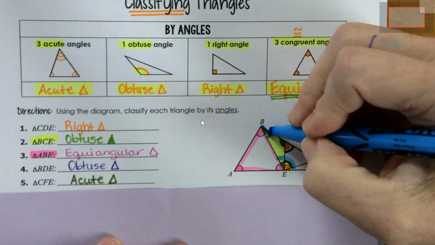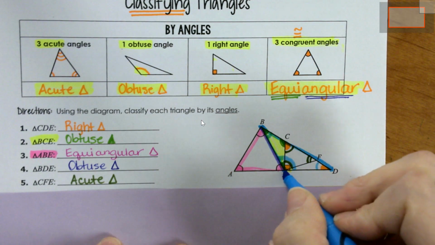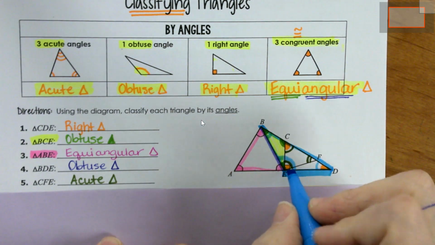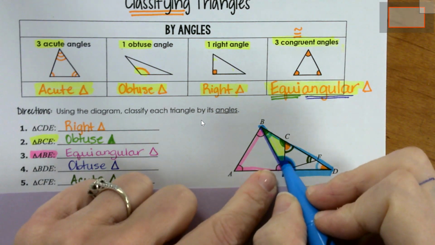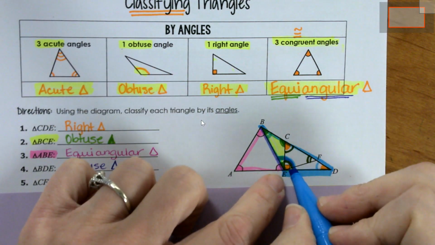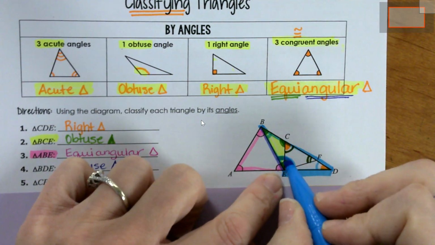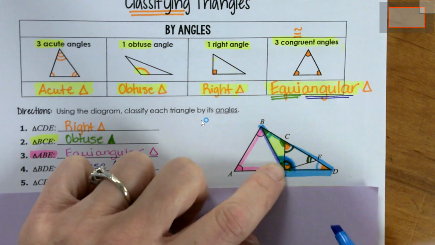All right, and then the next one, BDE. So here's B, and then D, and then E is over here. And we're actually just talking about this piece of E. I know that E looks like it has four different things going on, and it does, but it's not just a right angle. Okay, so we've got this part here, and this part here. That's an obtuse angle.